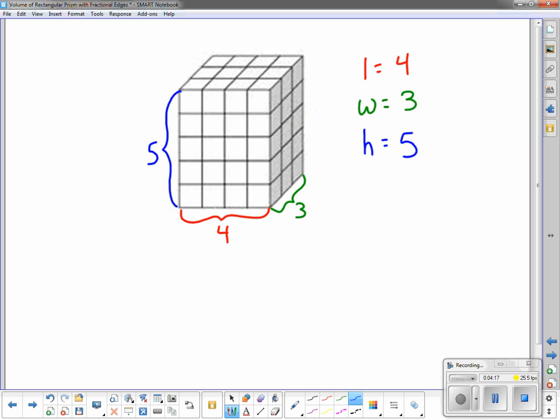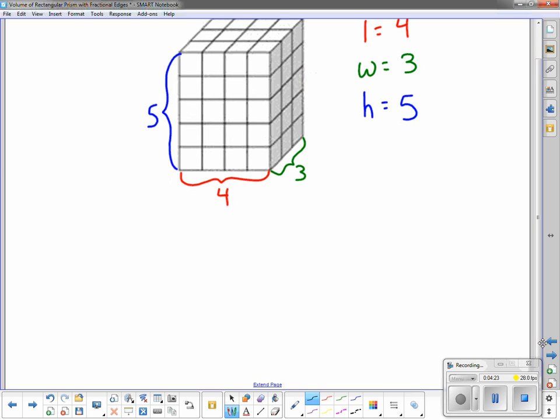So I rewrite my volume formula. Volume equals length times width times height.